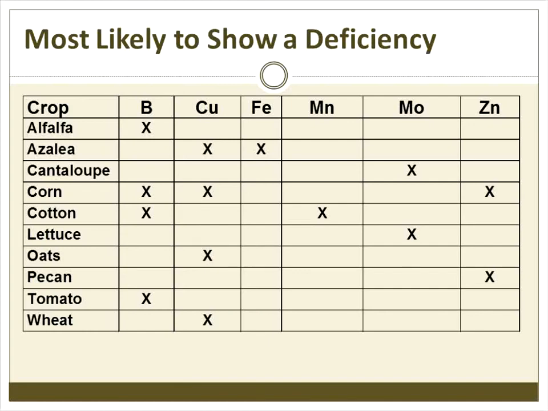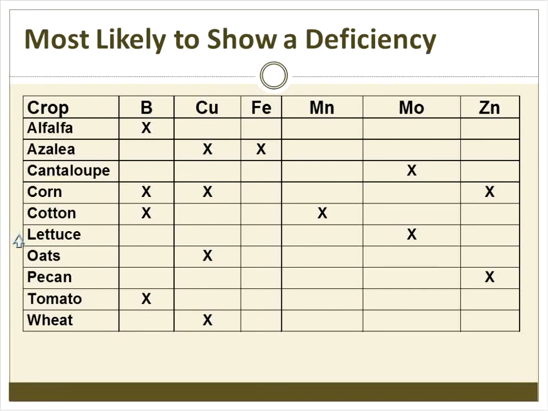So not all plants respond to all nutrients in the same way. You have some that are most likely to show deficiency. And obviously when we think about waste management plans, we're not thinking about cantaloupes or azaleas or lettuce. This is just to give you an example that some plants show deficiencies to different nutrients.